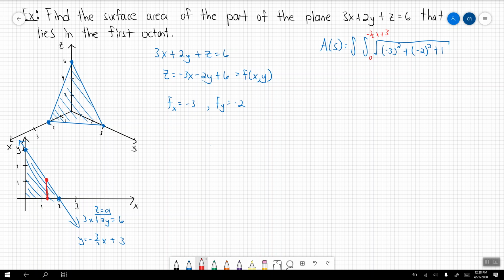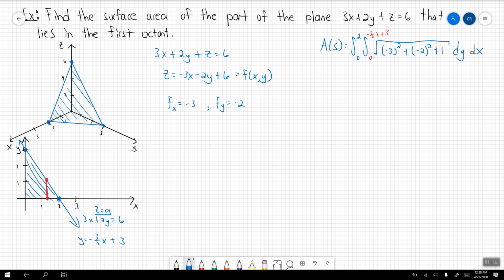Now, these heights change as we move through the x interval that we're integrating over. That interval is from 0 to 2. Remember, the innermost integral was dy because we wanted our heights to change. The outermost integral changed our x values. So this is the integral that we want to set up.